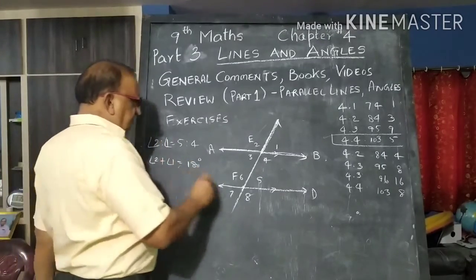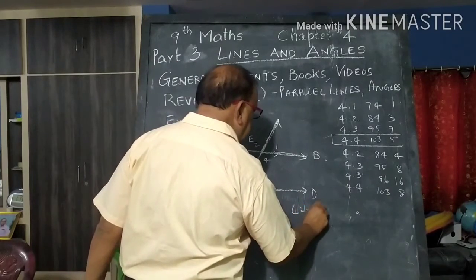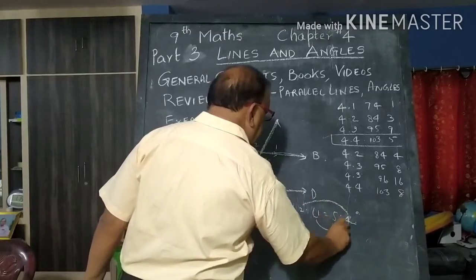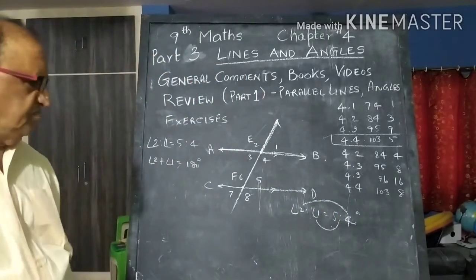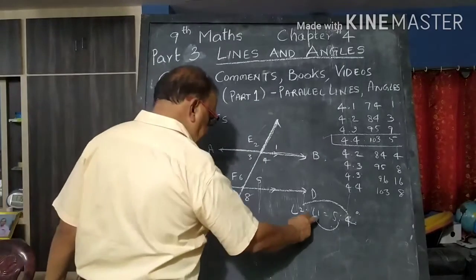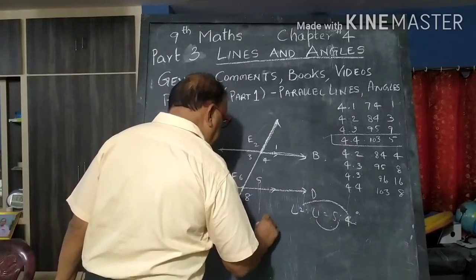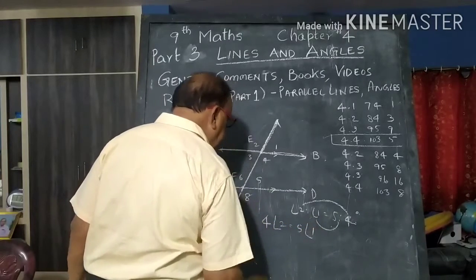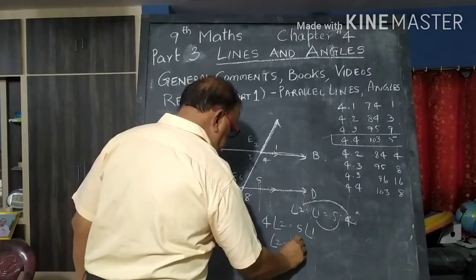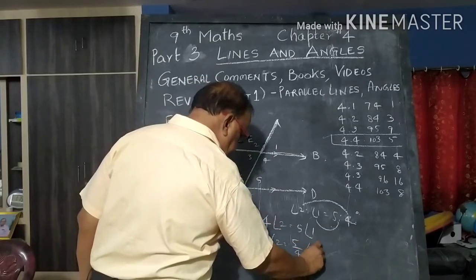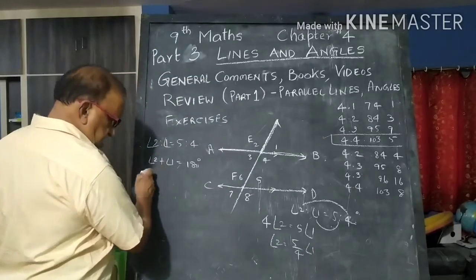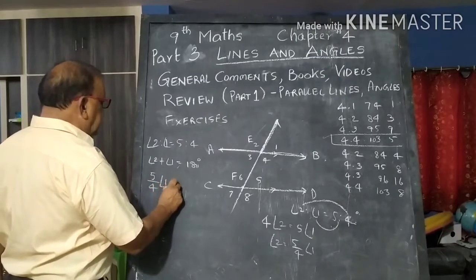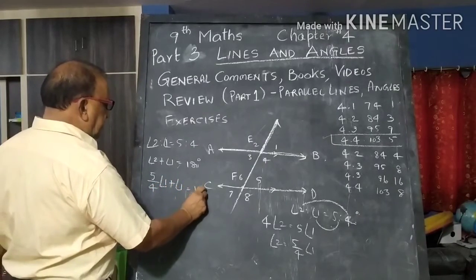But here it is given angle 2 is to angle 1 is equal to 5 is to 4. So if you take the product of the extremes and the product of the means, 4 times angle 2 is equal to 5 times angle 1, or angle 2 is equal to 5 by 4 times angle 1. Substituting that here, 5 by 4 times angle 1 plus angle 1 is equal to 180 degrees.